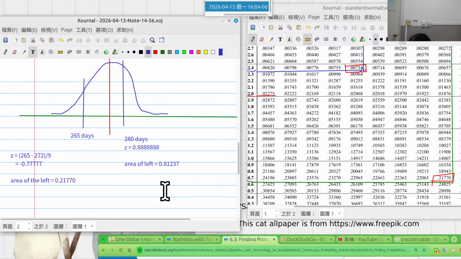Thus, the big area minus the small area, we will get the area between those two lines. Okay, the area 0.812737 minus this one is the answer.